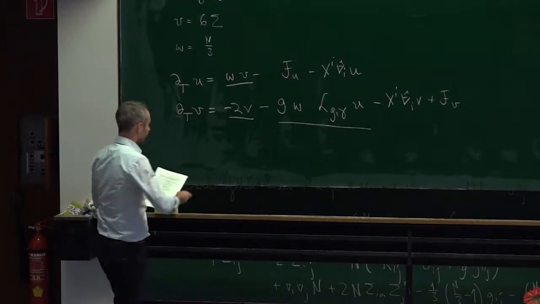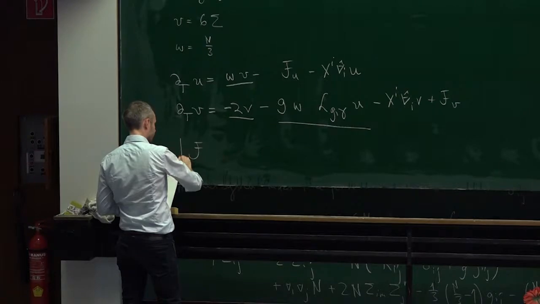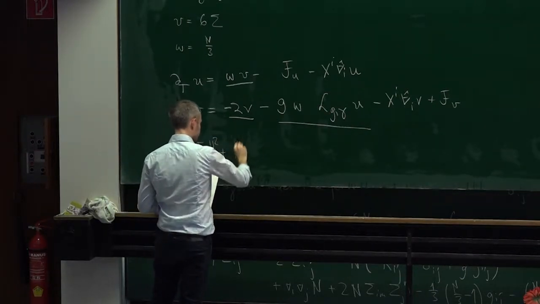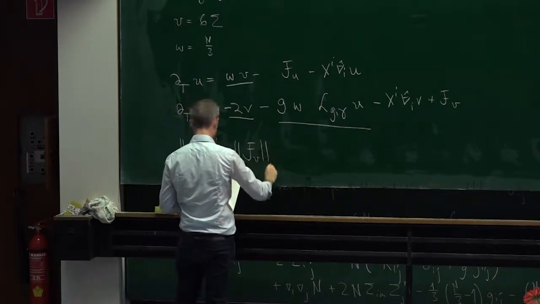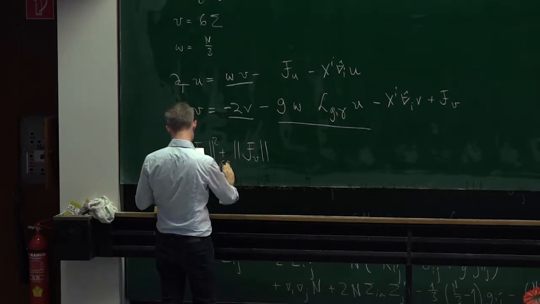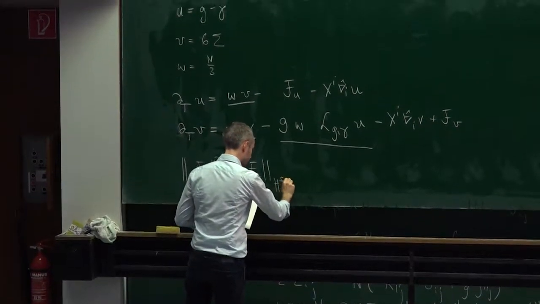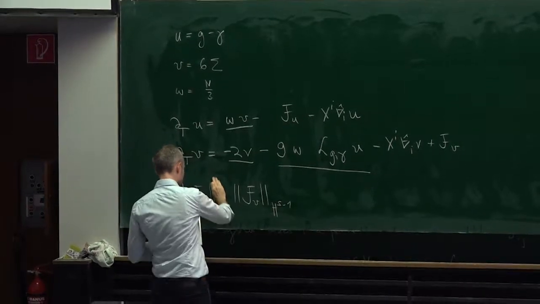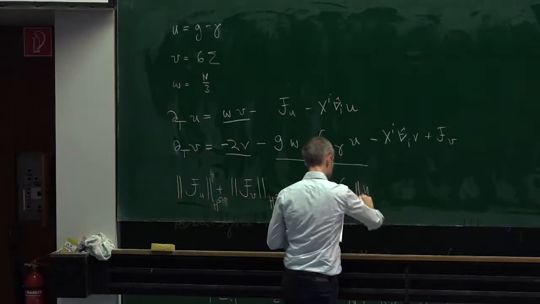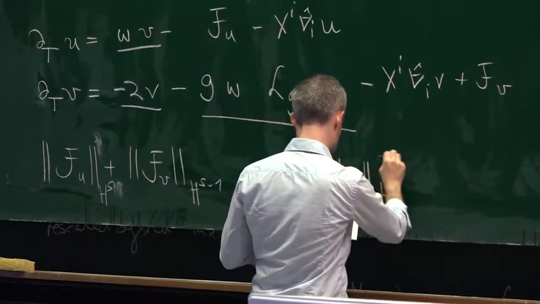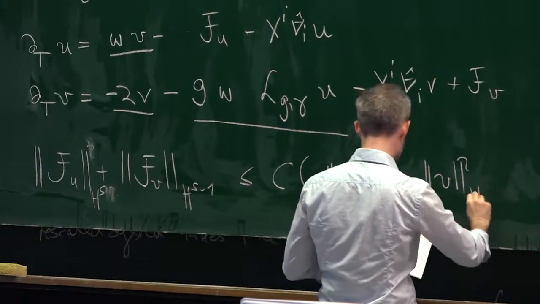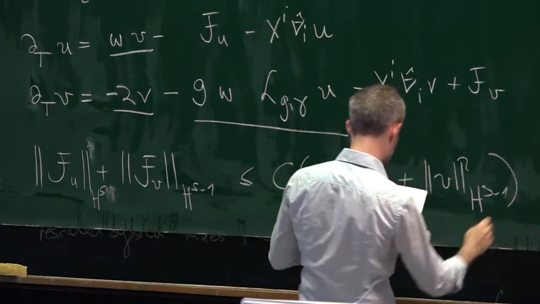So as I said, we have for F, let's say FU plus FV in HS minus HS and HS minus 1 is bounded by C times U plus V in s minus 1.